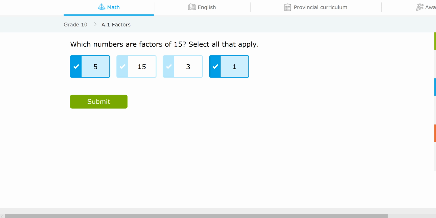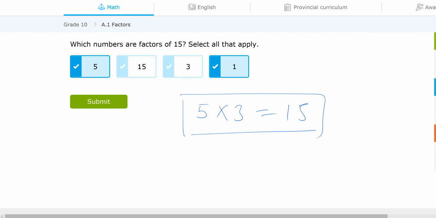So when you say 5 times 3 equals 15, this statement itself is telling you that these two are factors, right? Okay. 5 and 3 are also factors. So we will say that they are factors.